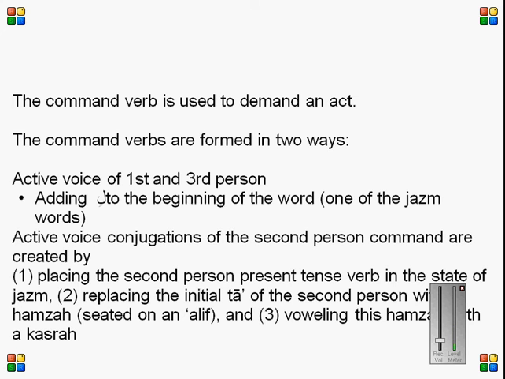Remember we covered in the previous lesson that the fi'l mudari, the present tense verb, is prefixed by either ya, ta, hamza, or noon, depending on the conjugation. So we replace that prefix ta with a hamza. We throw out the ta, we put a hamza with an alif there, and we put a kasra on it. So that's how it's formed for the second person.